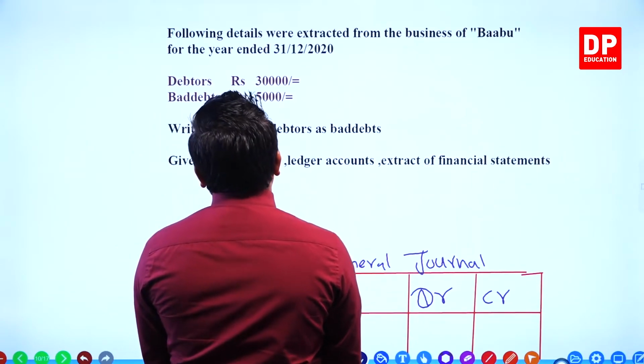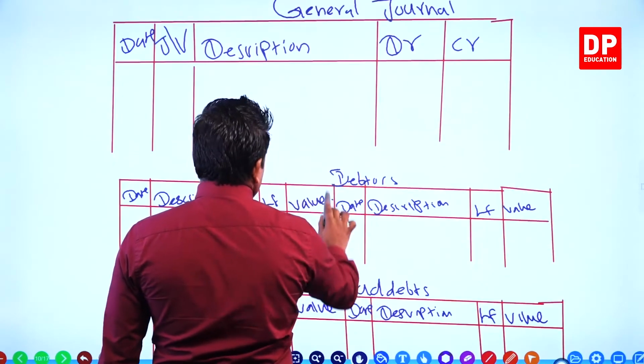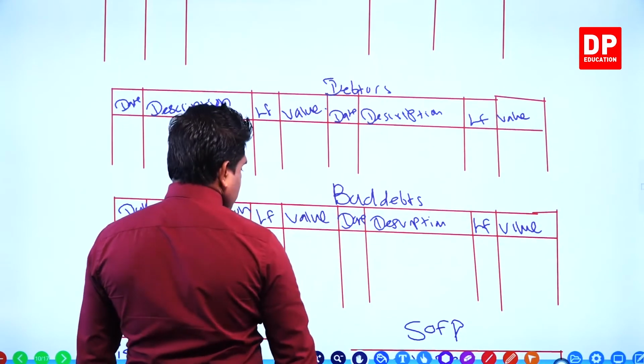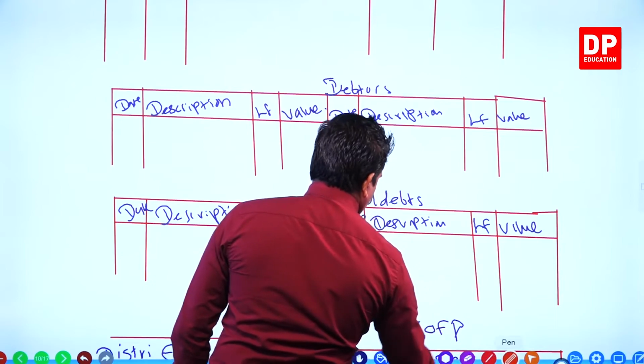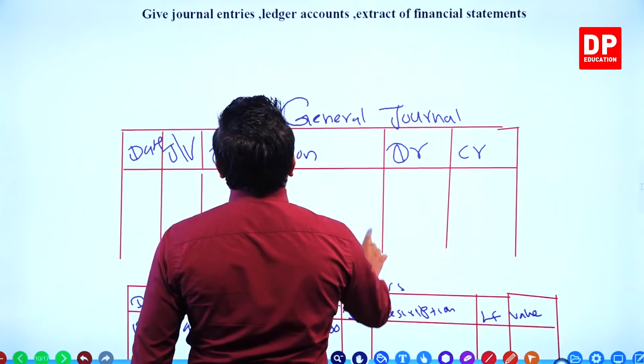Debtors are assets, so we write the balance on the debit side, 30,000. Check whether they have given the bad debts amount.